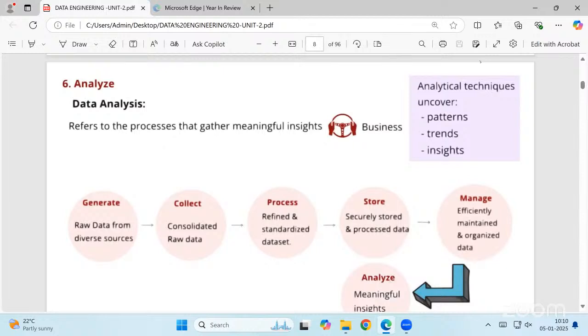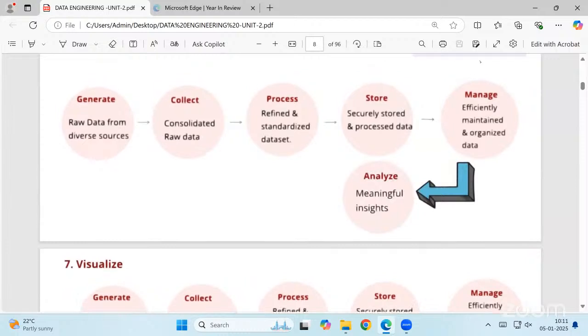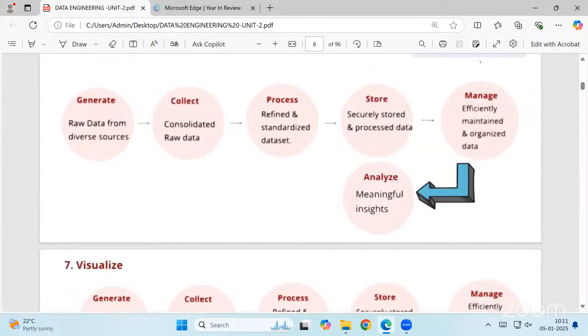What are the trends happening on a day-to-day, weekly, or monthly basis? And what are the insights? What is the data saying about the particular incident? Those are the analytical techniques that we are going to do on the data. So analyze is the phase where we get meaningful insights.